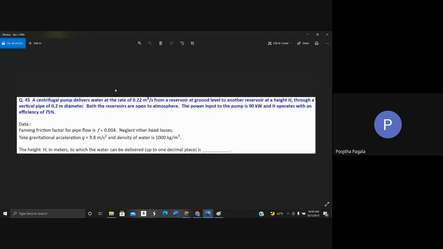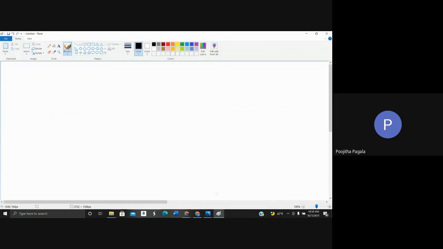Okay, so before we go to the next problem, let us look at a concept called friction factor. What is friction factor? Friction factor is nothing but tau W divided by half rho V bar square. So it is the ratio of shear stress at the wall divided by the average kinetic energy of the fluid.